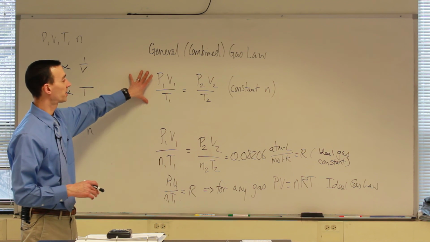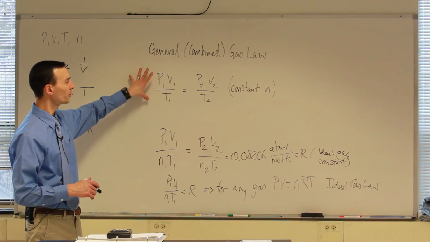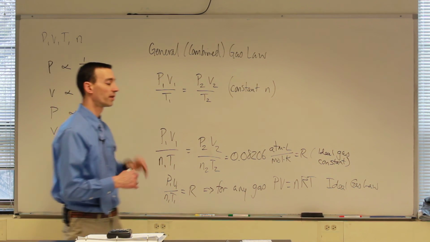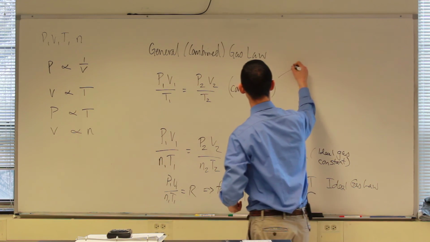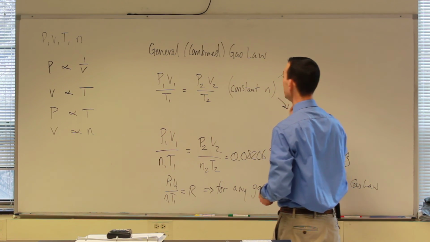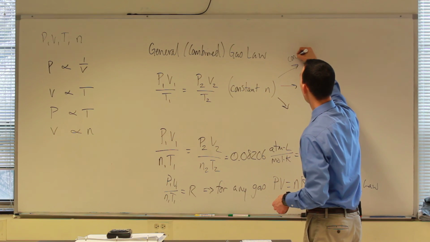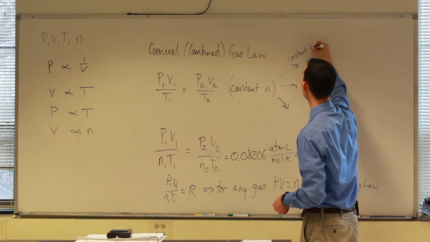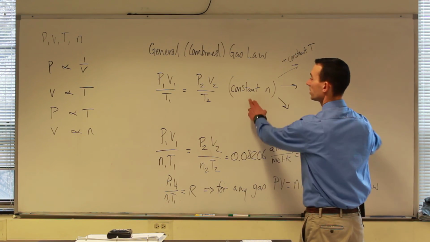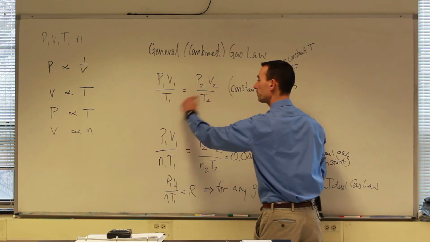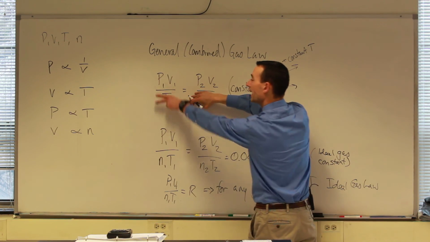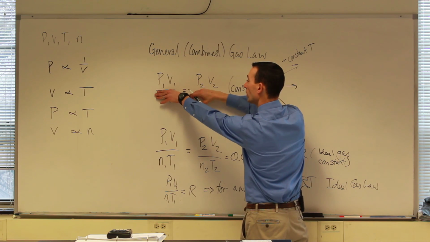Now if I return up here to this one, it collapses into a variety of other gas laws that you may or may not need. For example, if you hold constant the temperature in addition to the amount, the two temperatures are equal and they would cancel out in this equation, right?